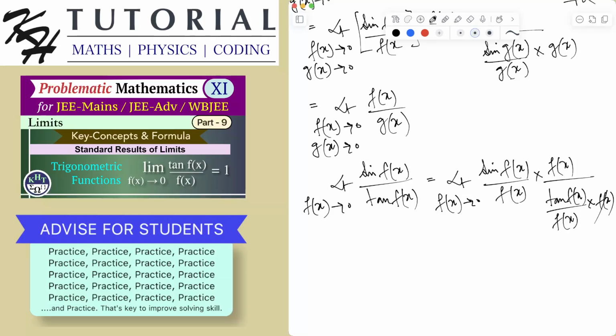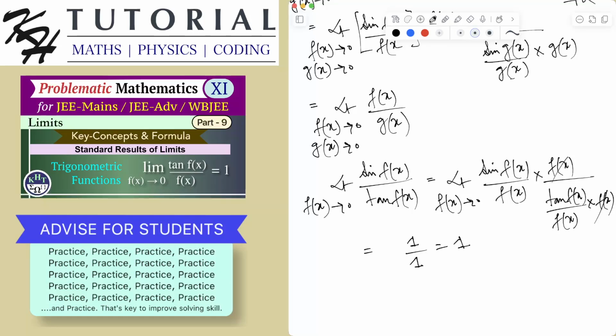So these f(x) cancel out. So this is equal to 1 by 1, which is equal to 1. Remember that this is also a very standard result. You can remember that the limit of sin f(x) by tan f(x) when f(x) tending to 0 is equal to 1.